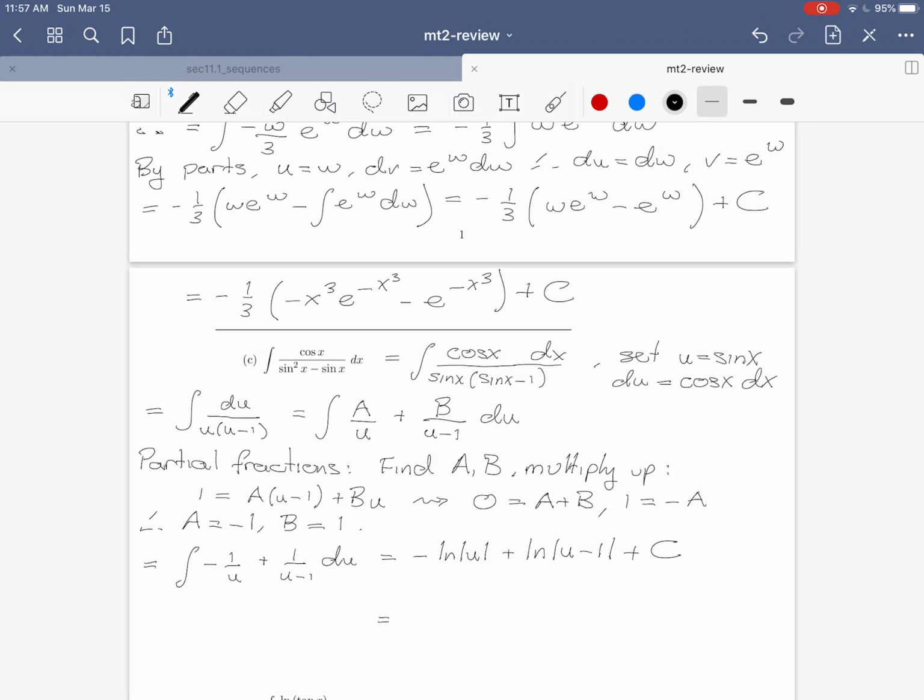Final step, because we made a substitution, substitute back our original variable. So the first term is negative ln absolute value of sine x. The second term is ln absolute value of sine x minus 1 plus an arbitrary constant. And there we go.